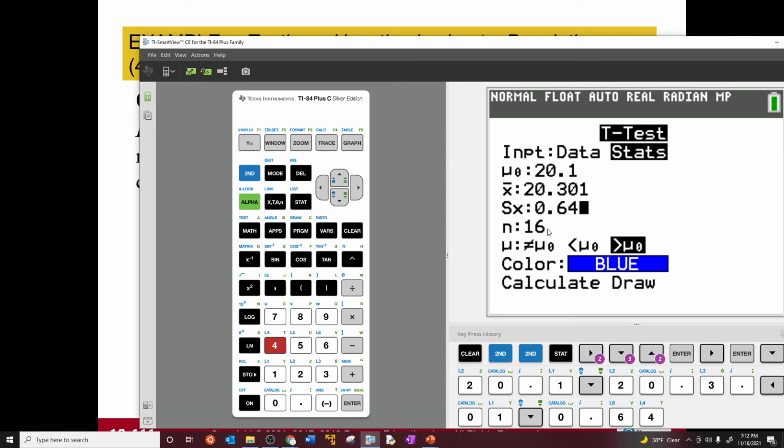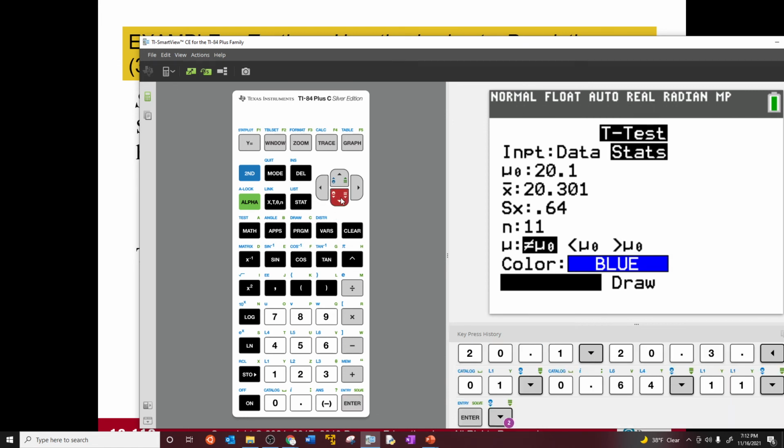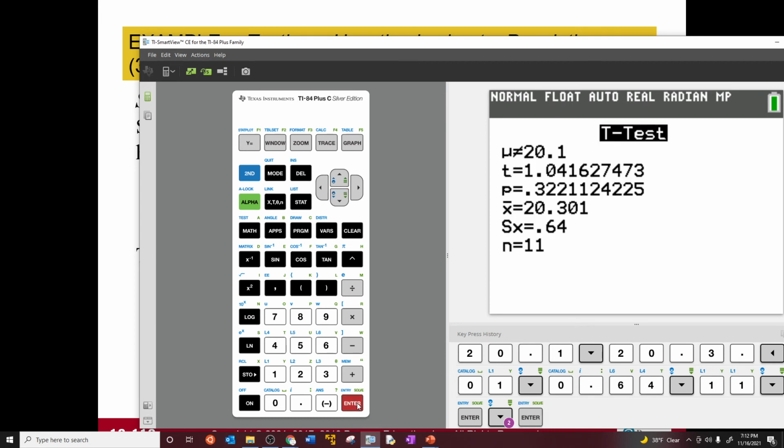All right, looks like they want to know n for whatever reason. N was 11. An alternative is not equal to. All right. Now we're going to hit calc. Okay. So what did we get? Looks like we got our t to be 1.04.